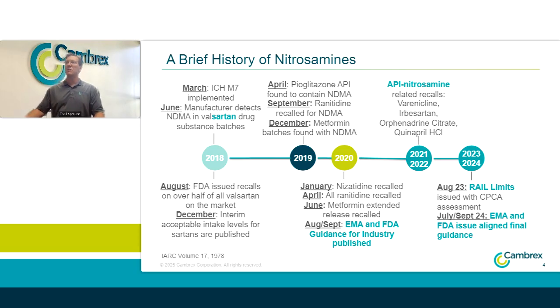And that finally led to the forming of limits that were initially published in 2020. Those guidelines then went through a series of revisions over the past few years. And in 2024, we had the final guidelines issued. And so at this point, it's important for all marketed products to have performed this nitrosamine risk assessment and potentially generation of data to support that assessment and submit it to the agency.